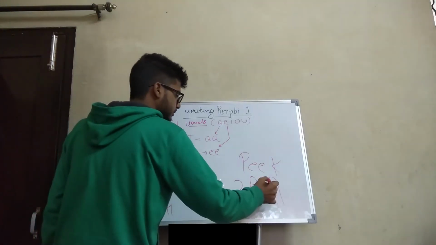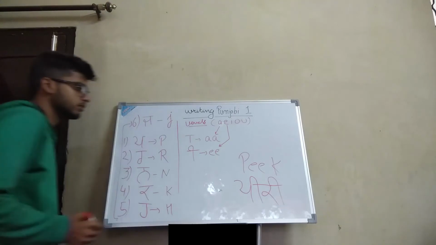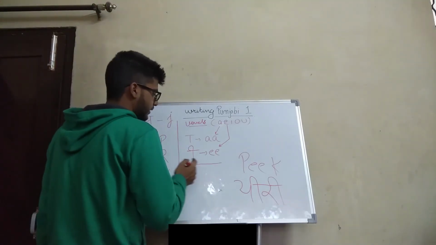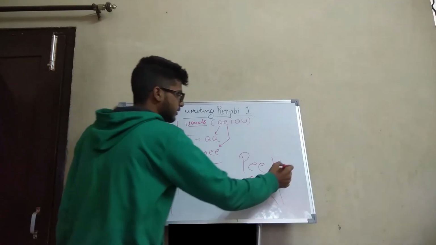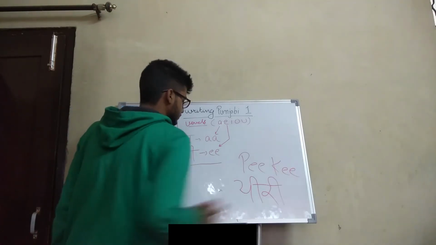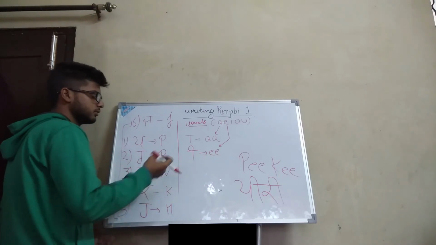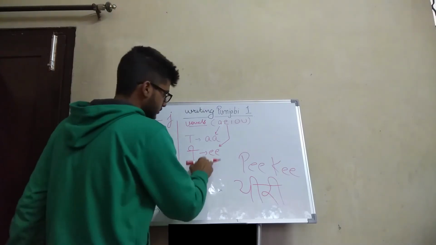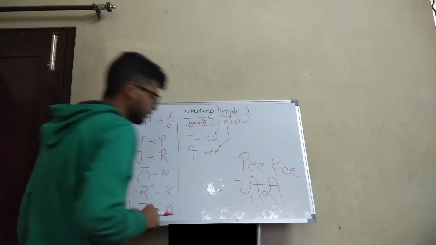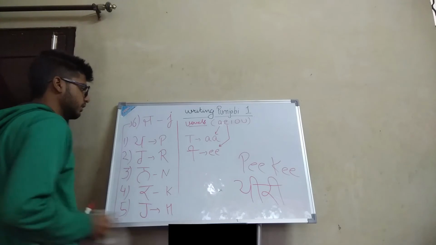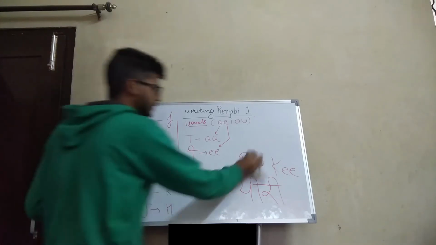What about this? Can you read it? I've added this double E sound at the end. It becomes picky. It's also a random word, just made for the purpose of learning.